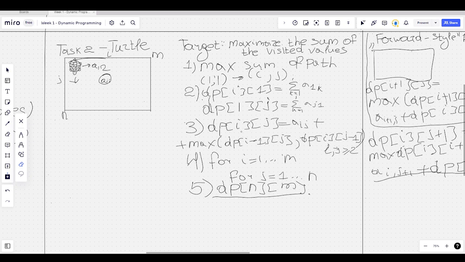What's the complexity of this algorithm? It's obvious: O(nm). What is the memory?